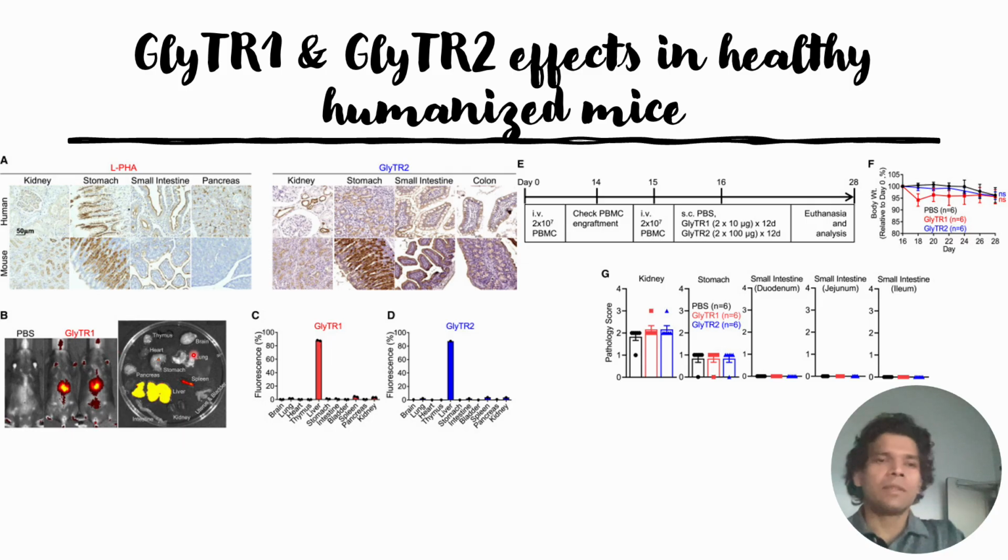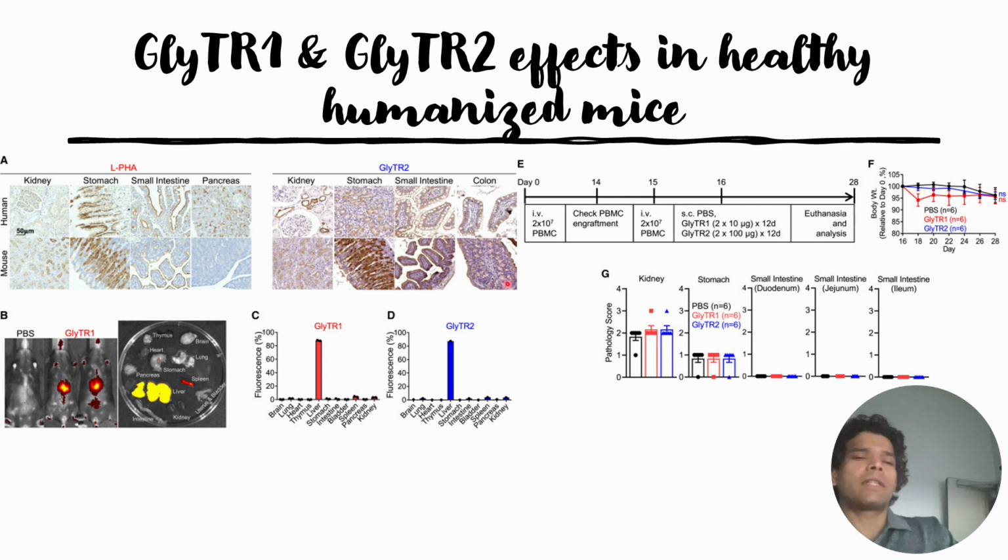This was quantified in panel C and panel D also, indicating that these do not bind to the healthy mice, and there will be minimal toxicity and minimal off-cancer on-target effects.